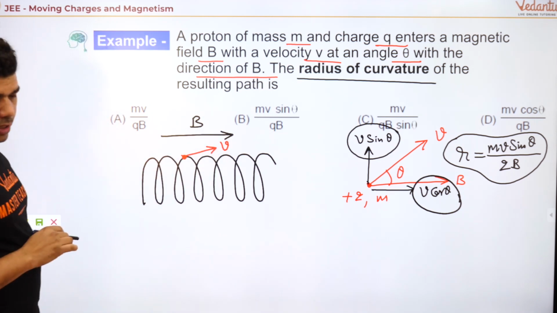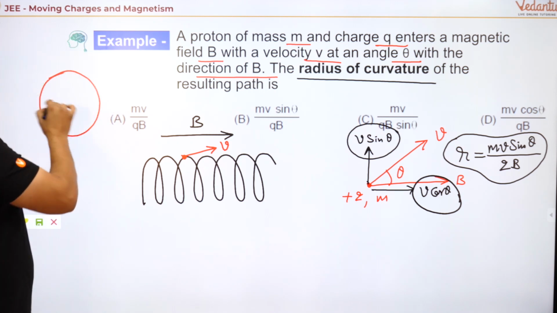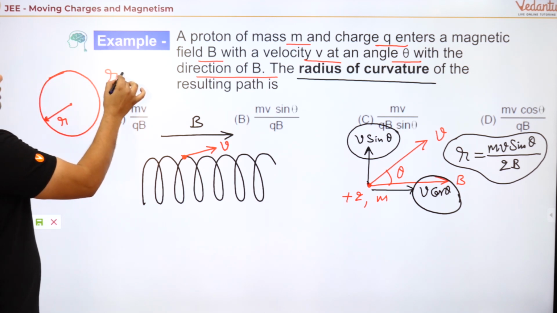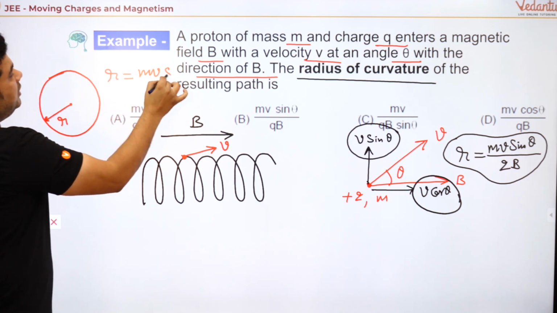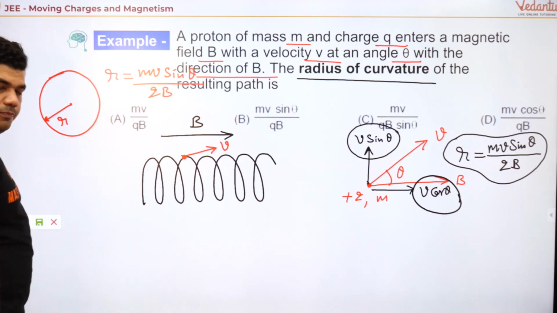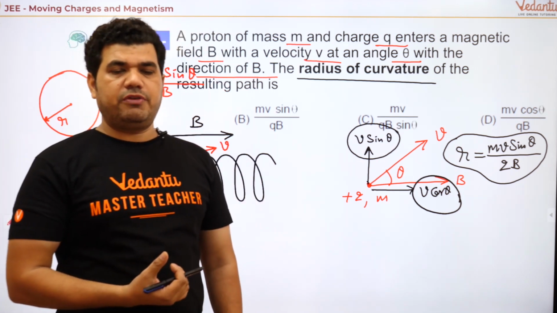This is the net velocity, but the circle, you can see this circle and the radius of this is r, and that r is mv sin theta upon qB. So what is the radius of curvature? How can we find the radius of curvature?